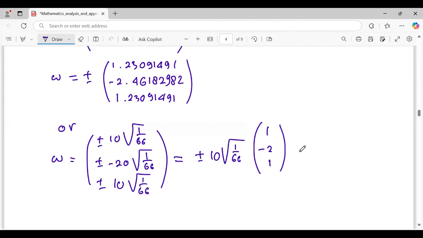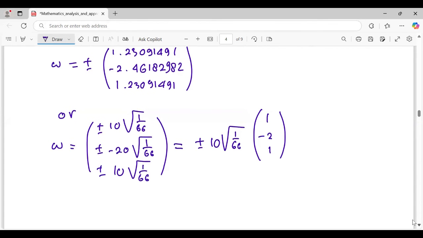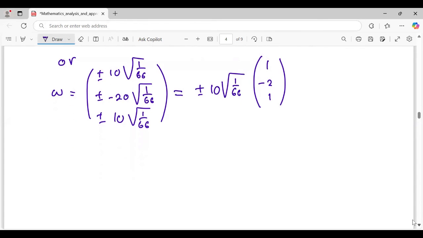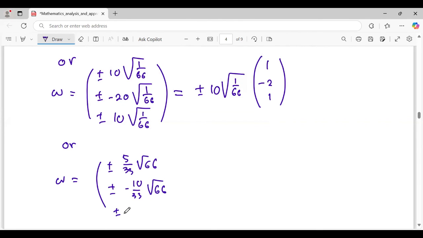Or in a different version, but actually the result is the same, plus or minus 5 over 33 square root 66, minus 10 over 33 square root 66, 5 over 33 square root 66.